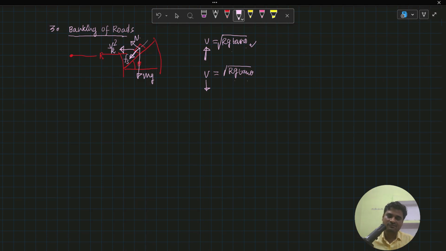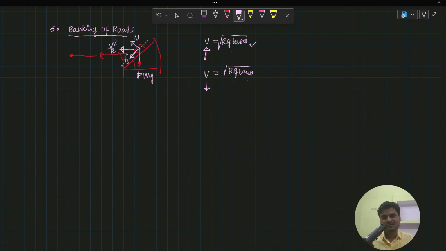So the car has to move on a smaller radius. So the car will try to come around this side, so the friction force starts to act in the upward direction. So these are the two cases, speeding up and speeding down.